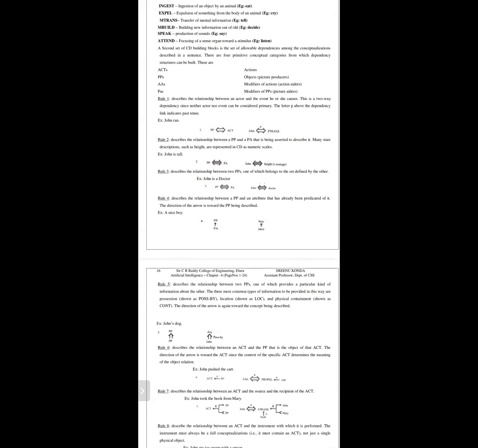It is written as PP double arrow triple line PP. One picture producer is John and the other is doctor.